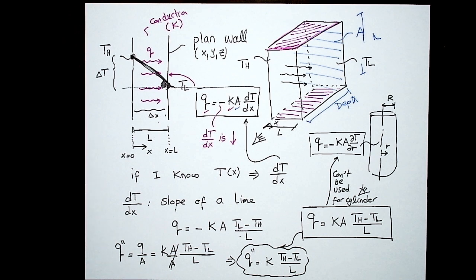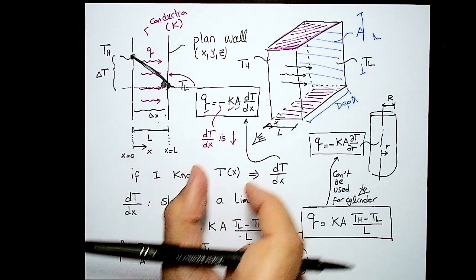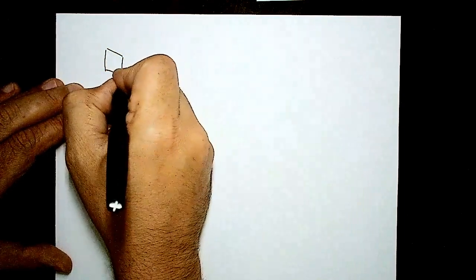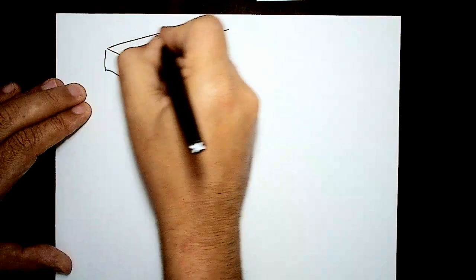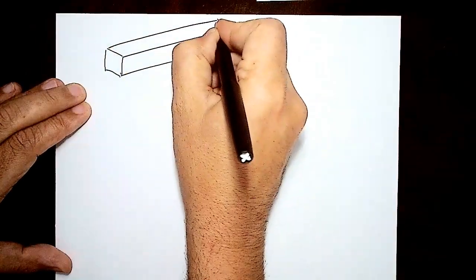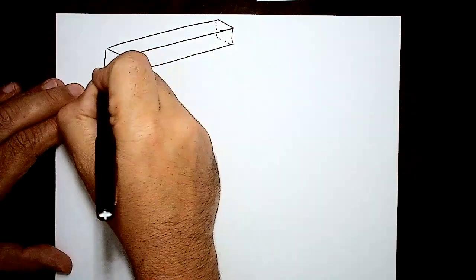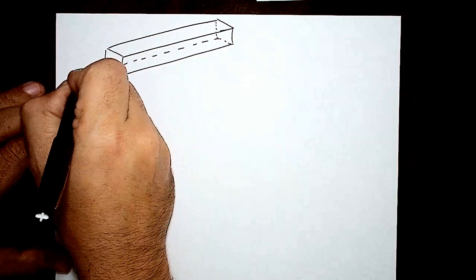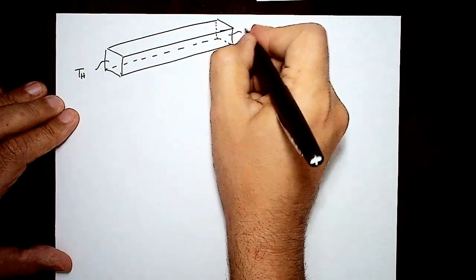Okay. Let me clarify one thing here. Does it have to be a vertical wall like that? No. Let me show another example here. Let's assume I have a bar, looks like this. That's a metal bar. And I am keeping that front face at high temperature, that back face at low temperature.